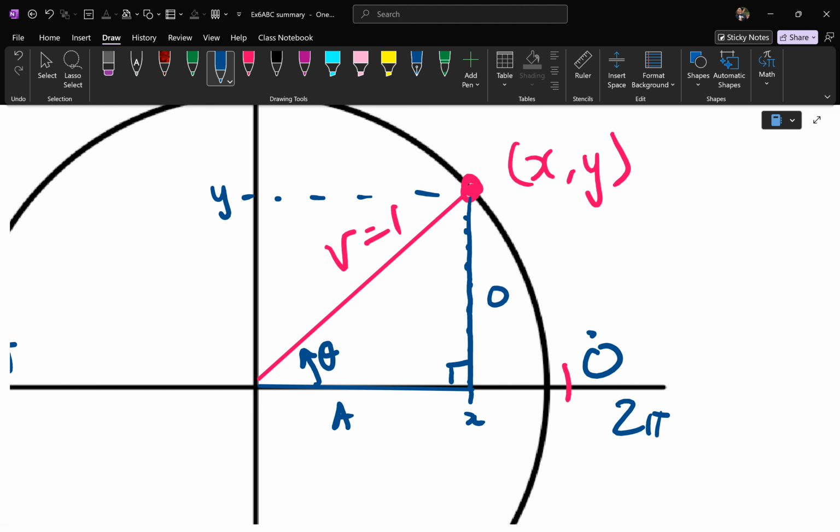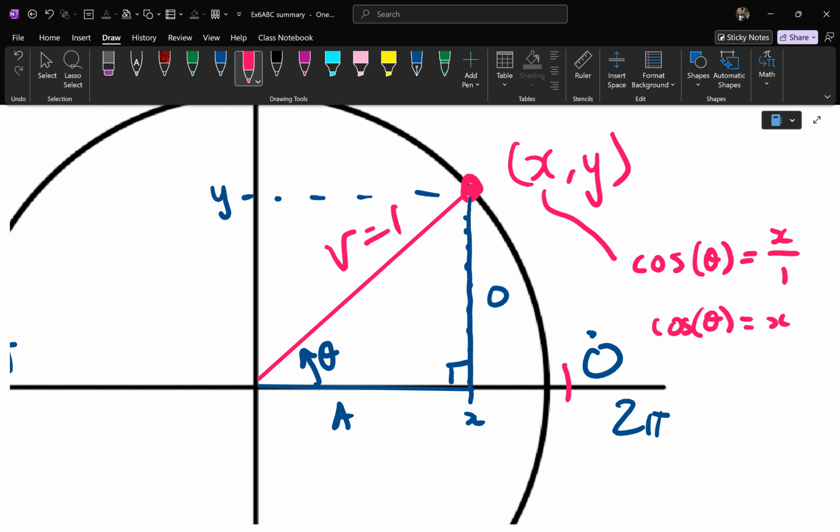And so that's why, if you think about why is x related to cos, because cos of the angle is adjacent over hypotenuse. So if I wrote it down, adjacent, whatever that x length is, which is x, divided by hypotenuse, which is 1, and it turns out x is equal to cos of theta.